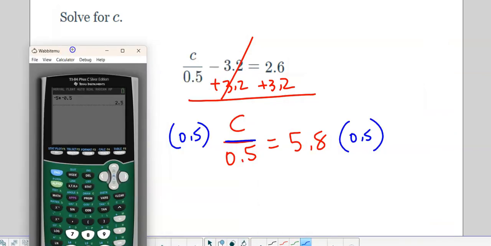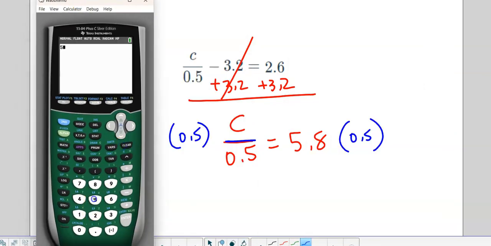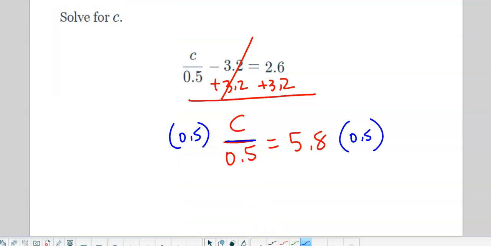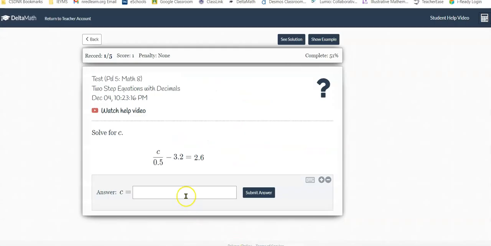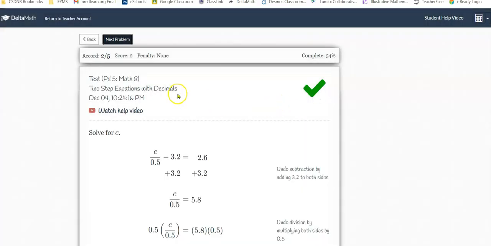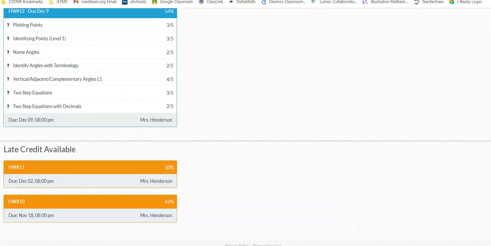So we've got 5.8 times 0.5. And don't be afraid to use that calculator. I'm going to type that in, 2.9. Excellent. And that's it. Same inverse operations, just using your calculator for those rational values. Good luck.